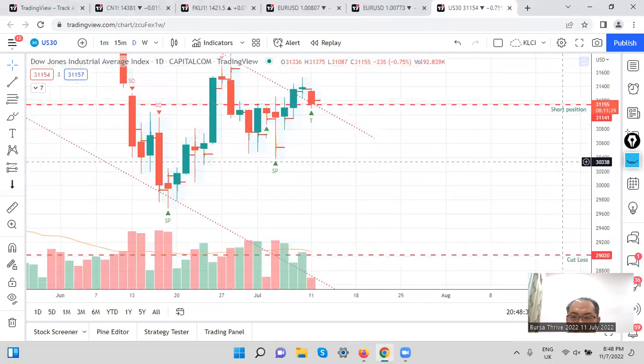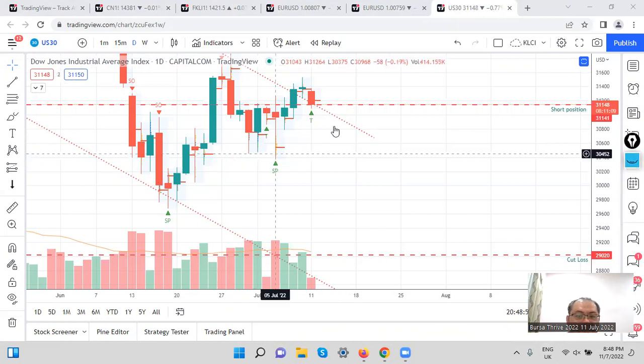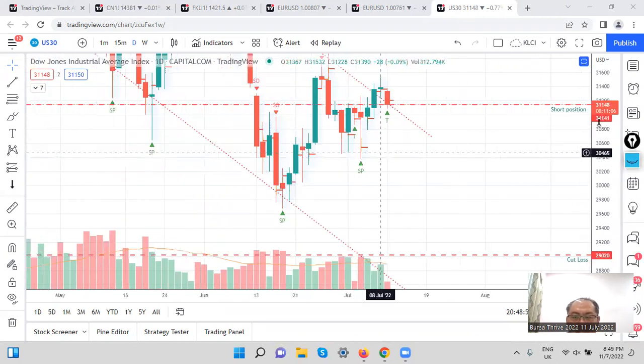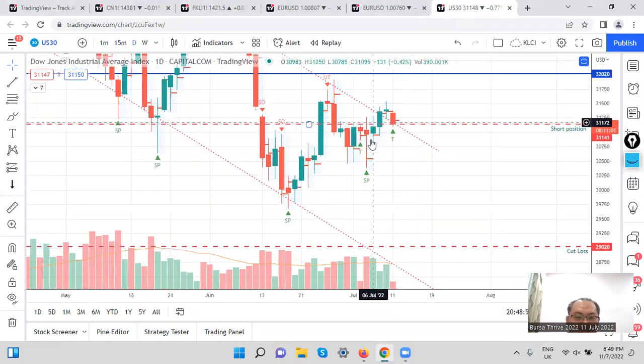You can see this one and this one are different SPs. The strength in the background of the SP is totally different. This involves a lot of technical detail, so I'm just showing you the difference here. For members who sign up for the training, we will share more on this.